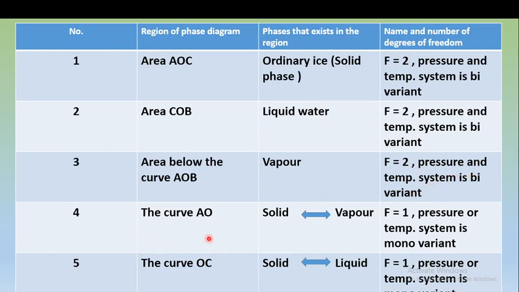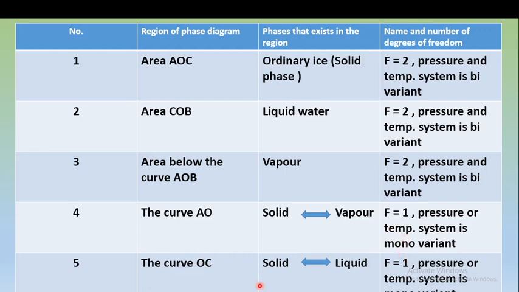Along the curve AO, we know that along the areas the system is bivariant, and along the curves the system is monovariant. Along the curve AO, which equilibrium exists? Solid vapor equilibrium exists, means solid water and water vapor equilibrium exists, and F is equal to 1. Number of degrees of freedom is 1, and pressure or temperature is specified, and the system is monovariant.